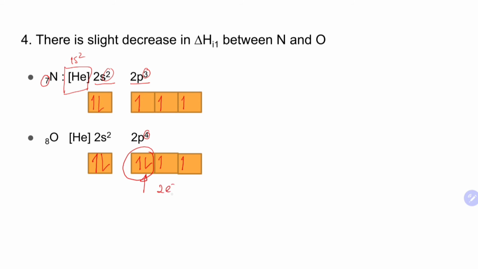Then there will be a repulsion force that helps this electron to come out from the orbital. So the energy needed will be less than for nitrogen, because in nitrogen there is no repulsion force.